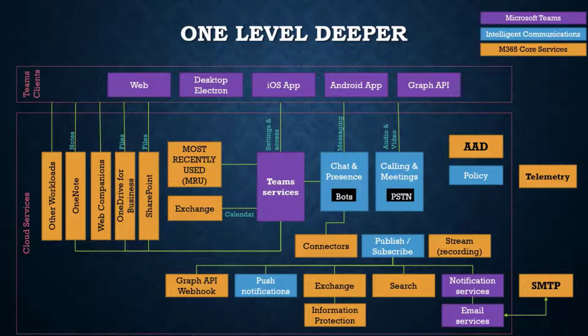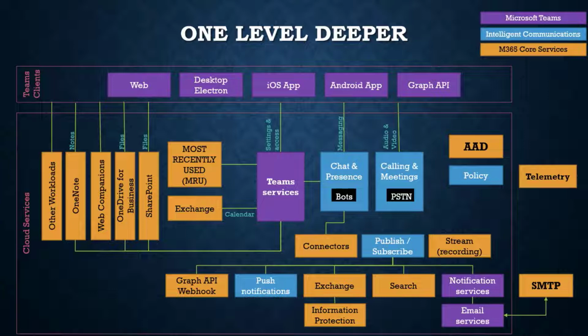Starting over to the left, that's where OneNote comes in, OneDrive, SharePoint, all the files and everything. And that all interacts through Teams, like we saw in the logical architecture. The MRU, or the most recently used, is an application inside the cloud that provides the individual's most recently used files or most recently used chats or interactions.